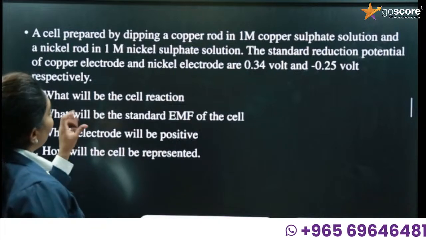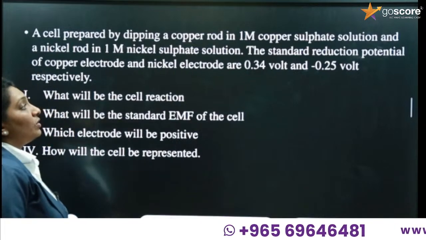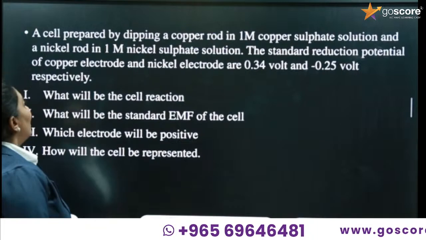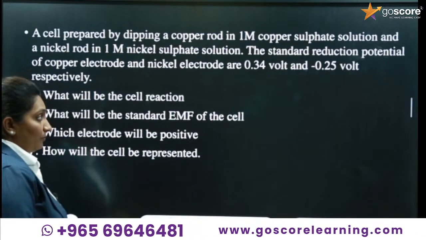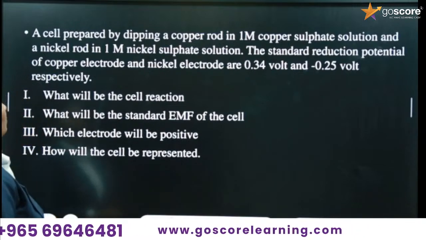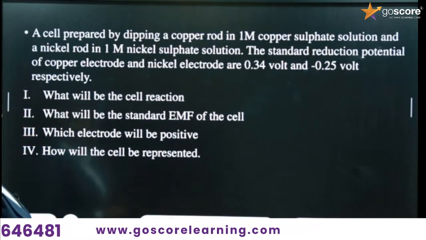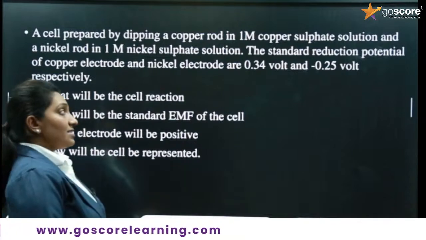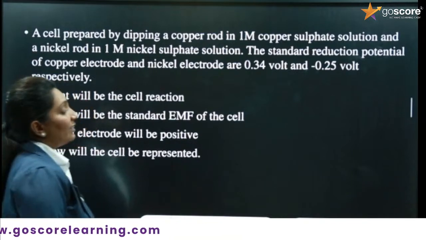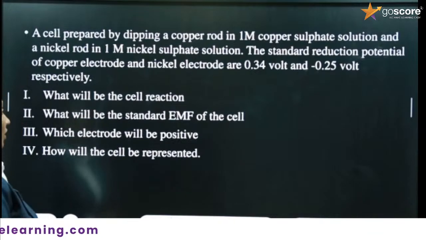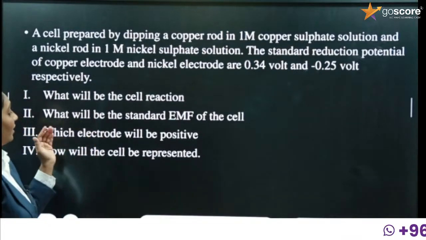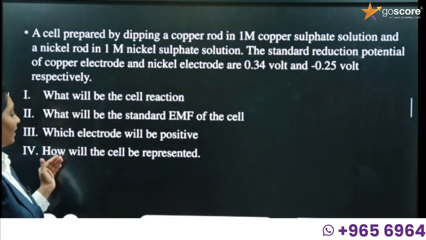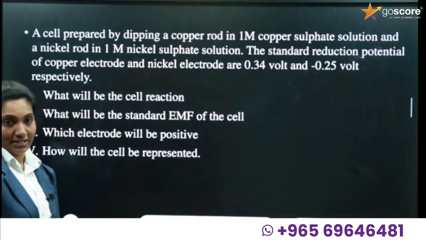A cell is prepared by dipping a copper rod in 1 molar copper sulfate solution and a nickel rod in 1 molar nickel sulfate solution. The standard reduction potentials of the copper electrode and nickel electrode are 0.34 volt and minus 0.25 volt respectively. You want to find out the cell reaction, the standard EMF of the cell, which electrode will be positive, and how the cell will be represented.